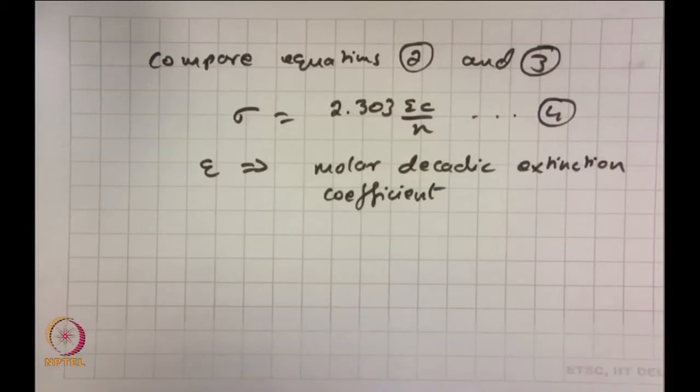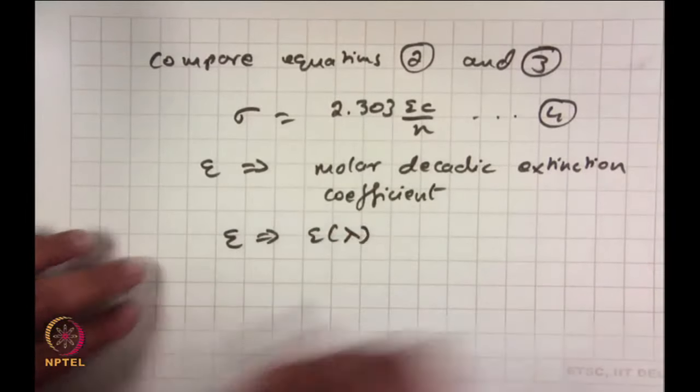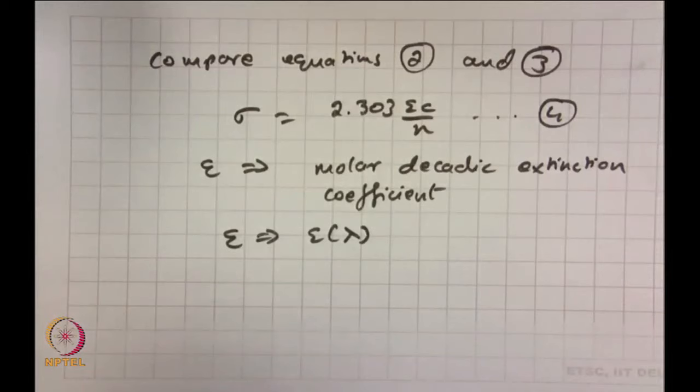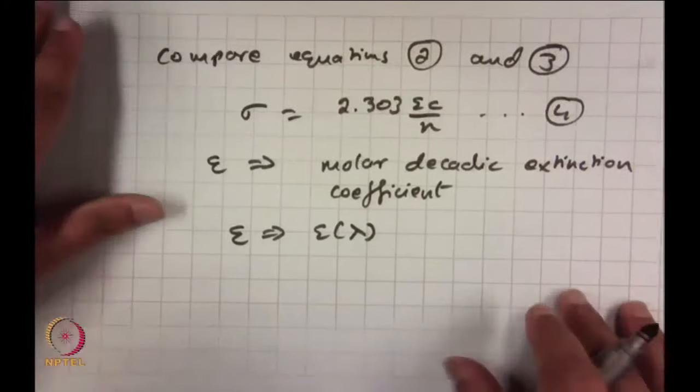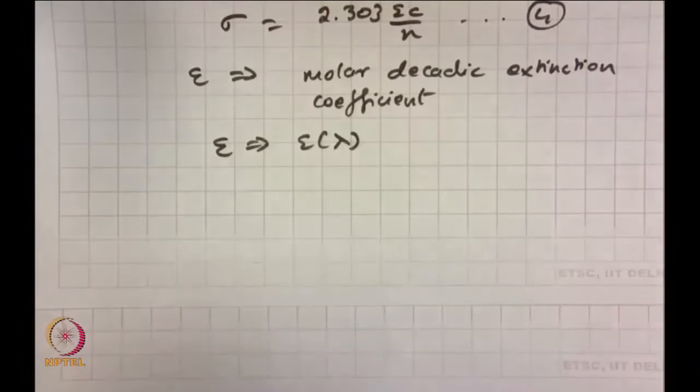Please remember one thing, this epsilon is intrinsic to that respective molecule, and this epsilon also depends upon lambda. It is not the same for all lambdas, okay, you will see that soon. So, I can say epsilon is essentially a function of lambda, please keep that in mind, it is always a function of lambda. Okay.